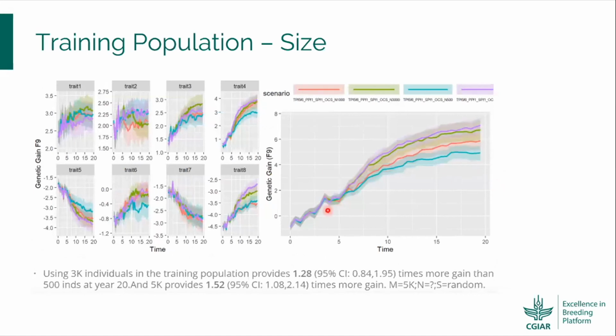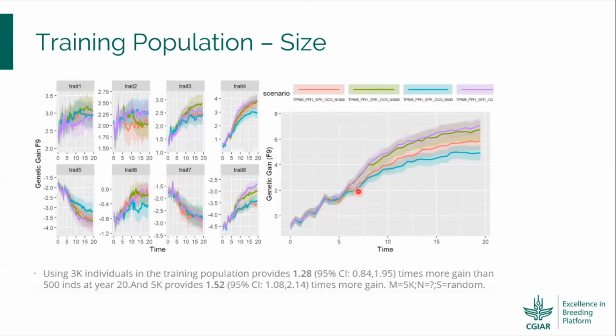Here you can see the results for the index and also for the specific traits. Again, in the y-axis you can see the genetic gain, and in the x-axis the time that the program is running. And you can see that after 5 years, the size of the model and the number of records that we use starts to have an effect. All of them are using the same approach in terms of sampling the records.